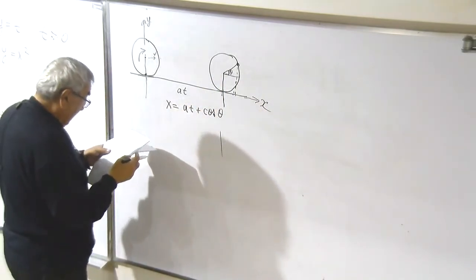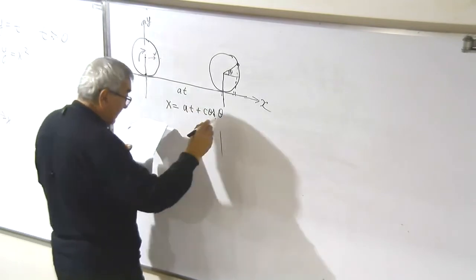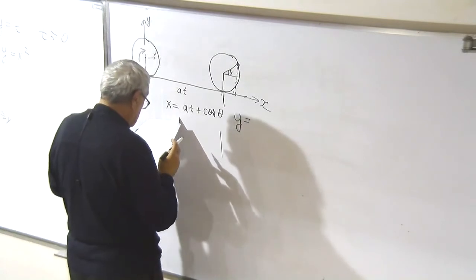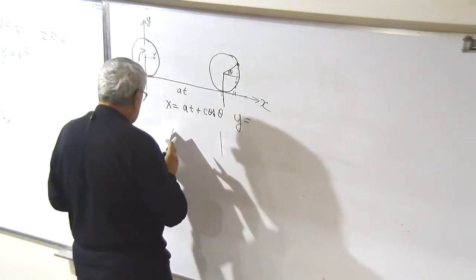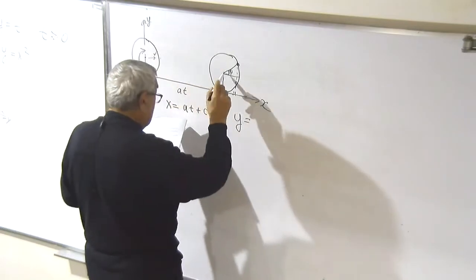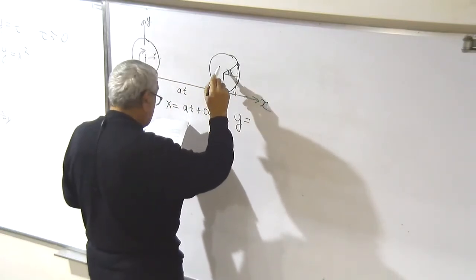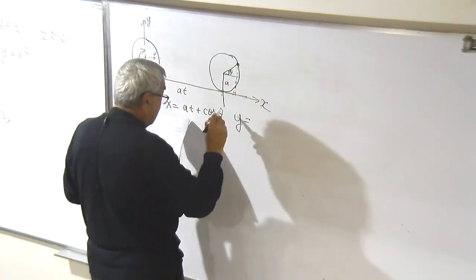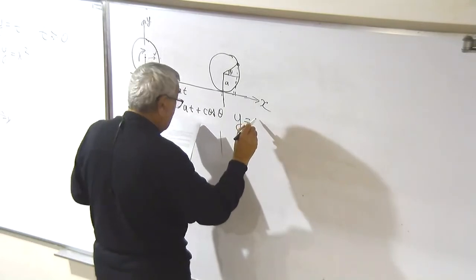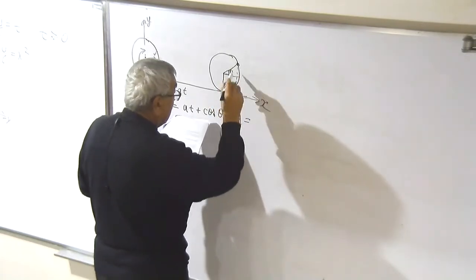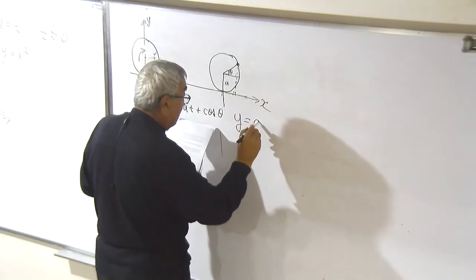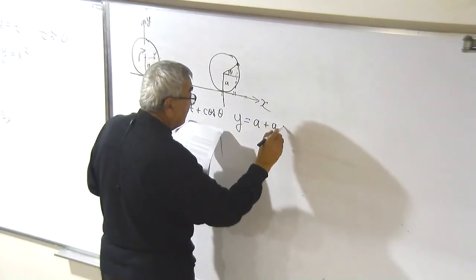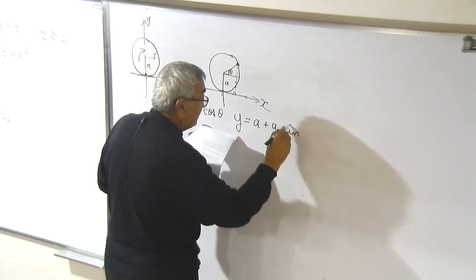Well, what will be y? The y coordinate of this point will be equal to a, here, if this is radius a, plus this distance, which is equal to a sine theta.